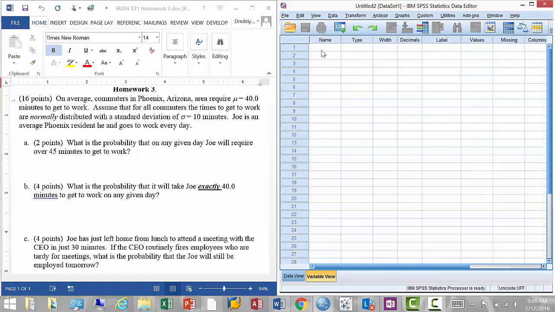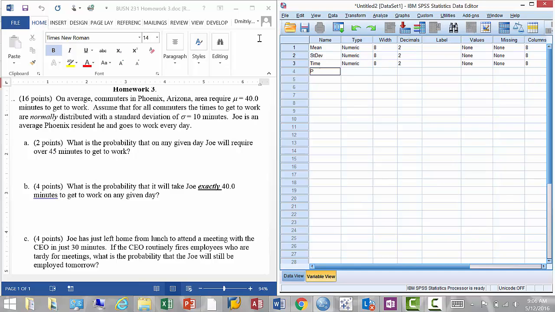I'm going to have to define variables in my SPSS data window. So I switch to the variable view, and for the distribution, I define mean, standard deviation, the value of time, I'm going to call it time, and the probability.